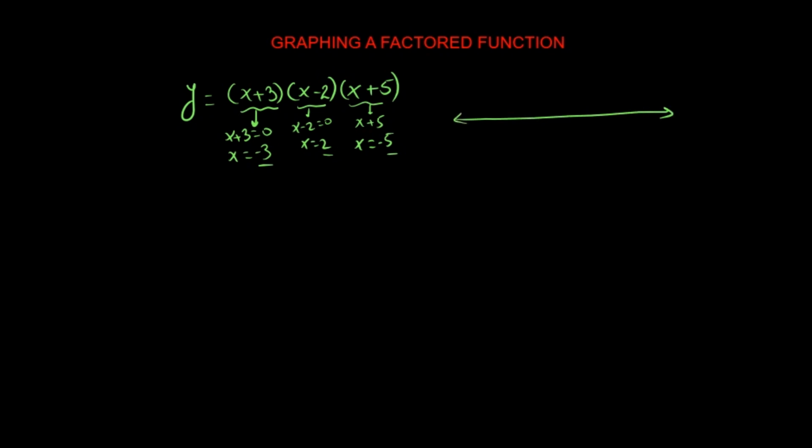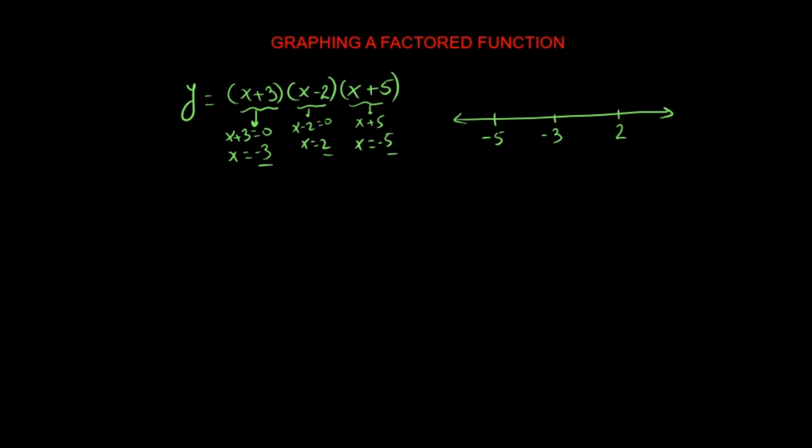We know that the smallest number goes on the left, so minus 5 being smallest goes on the left. The second is minus 3, which goes right here, and 2 goes right here. These three numbers have divided the number line into 4 segments.